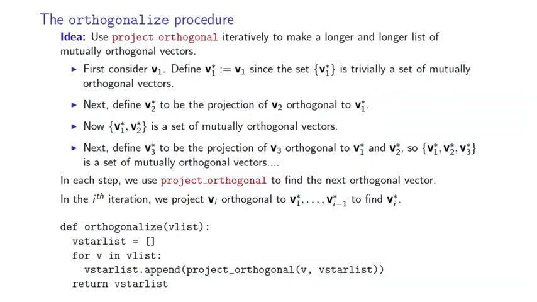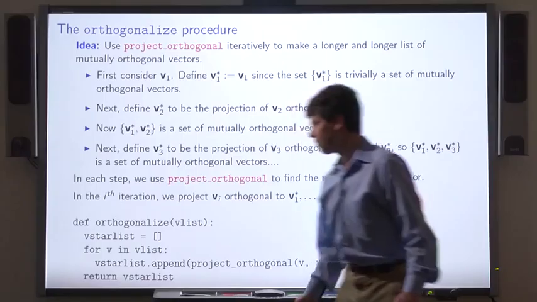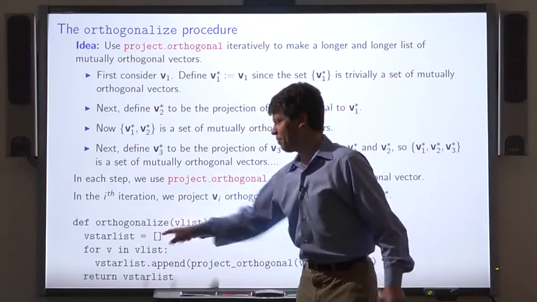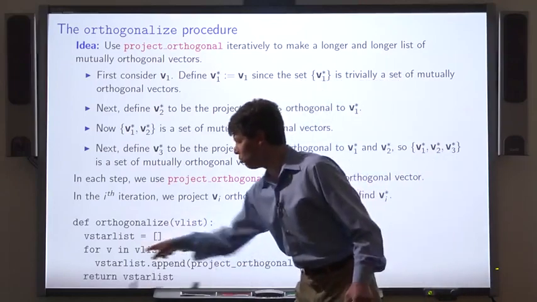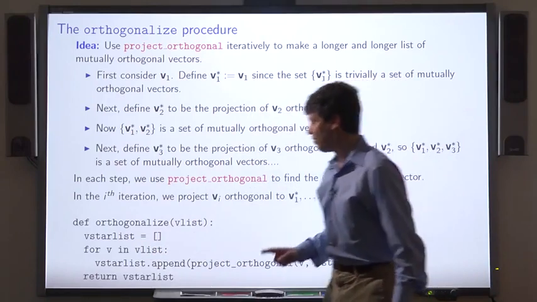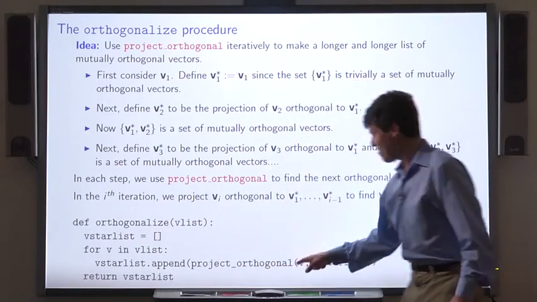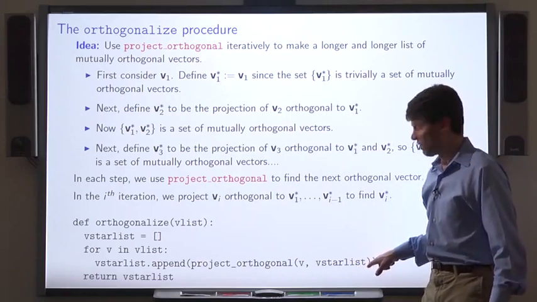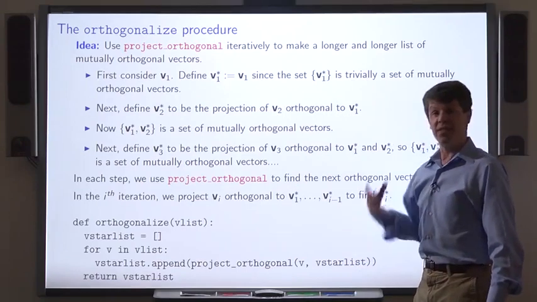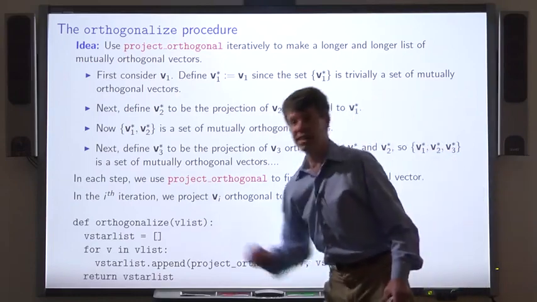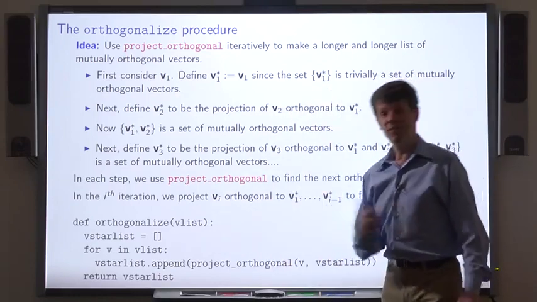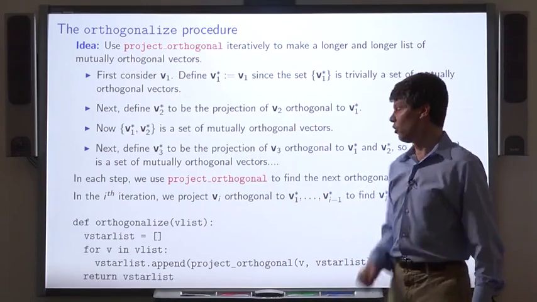So here's the procedure. It's given a list of vectors, v-list. Initially, the list of mutually orthogonal vectors is empty. The procedure iterates through the vectors in v-list, and for each one, projects that vector orthogonal to the vectors already in the list of mutually orthogonal vectors, v*-list, takes the result and appends it to v*-list, preserving this property that all the vectors in v*-list are mutually orthogonal.